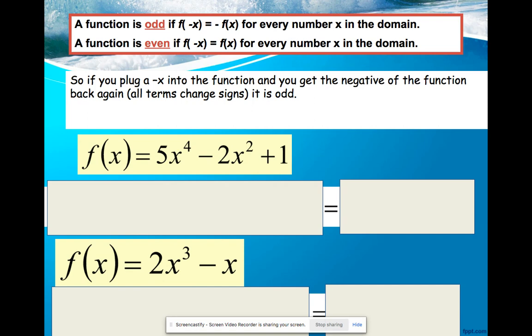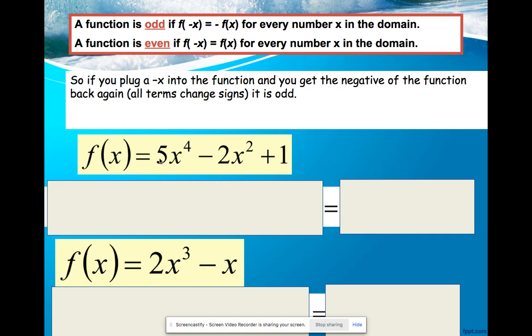What I mean by this is that all of your terms change signs. So in our original equation, all those signs are going to change. If 5x to the fourth becomes a negative 5x to the fourth, negative 2x to the second becomes a positive 2x to the second, and plus 1 becomes a negative 1, we now have an odd function.